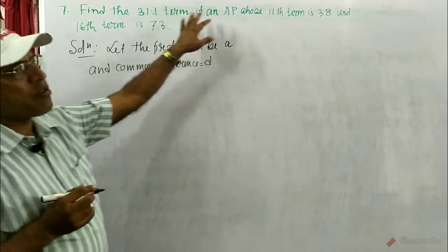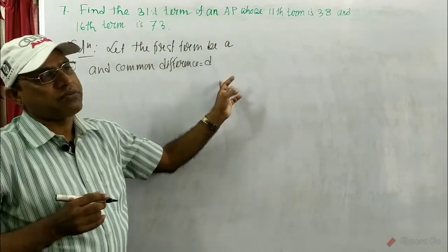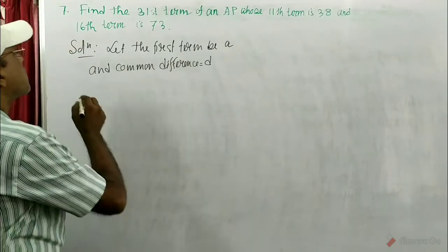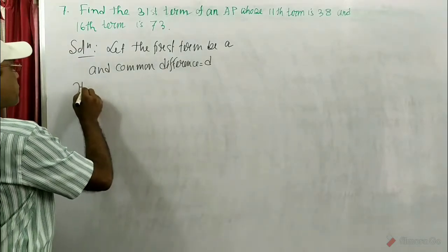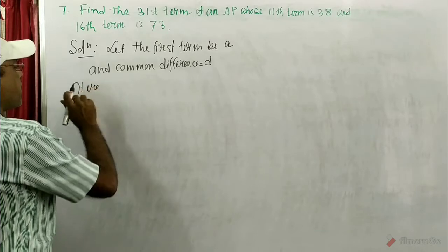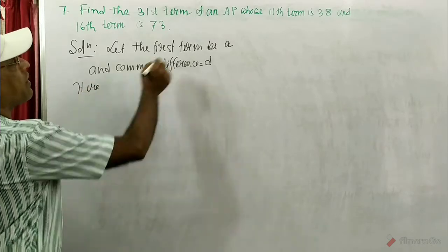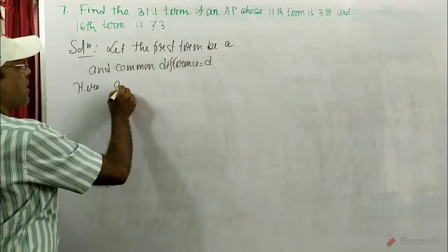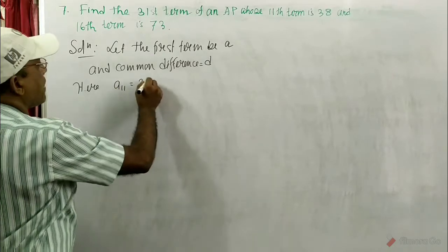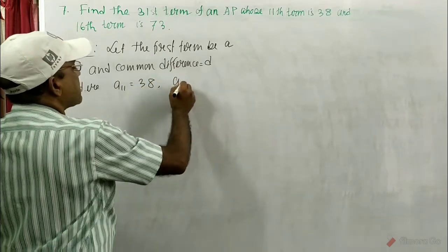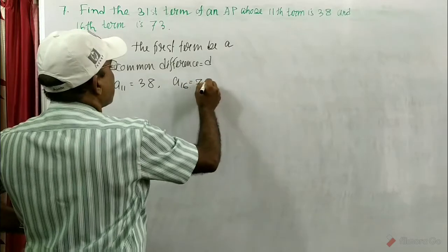If this type of problem is given, first you have to consider the first term and common difference. So here, what is given? Here the 11th term, a11, is 38 and a16 is 73.